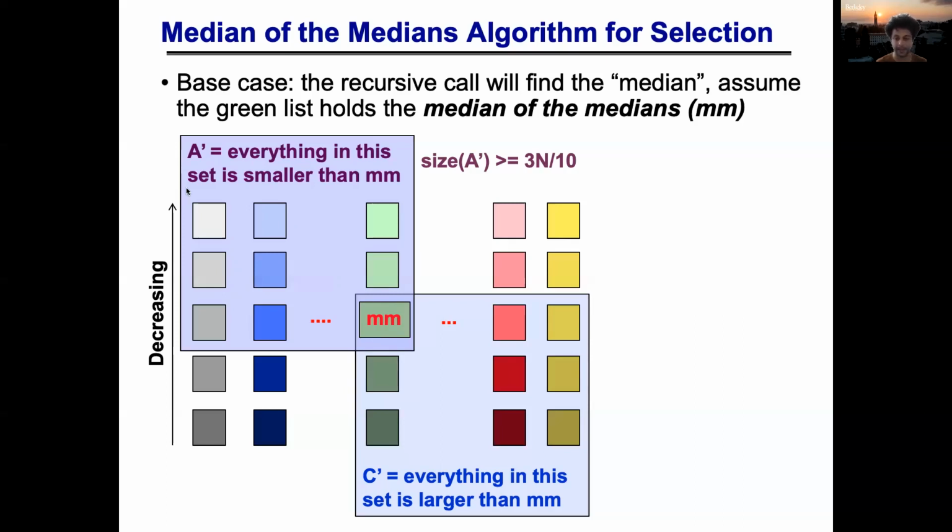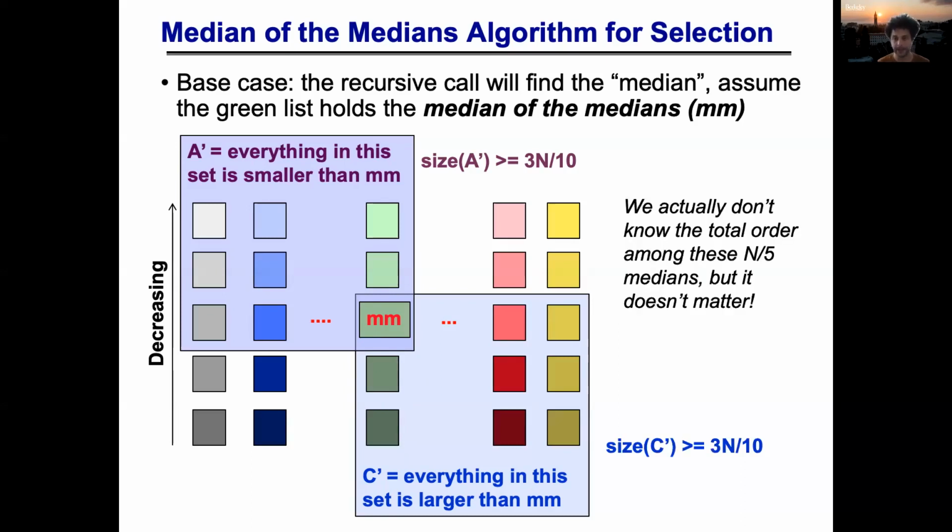The same argument applies to C prime, which means that the number of elements there is 3n over 10. As I said, we don't know the explicit order of these medians. We haven't sorted them, but we only know whether they're smaller or larger than the median of medians. I don't care about the relative order between this gray box versus the blue box.